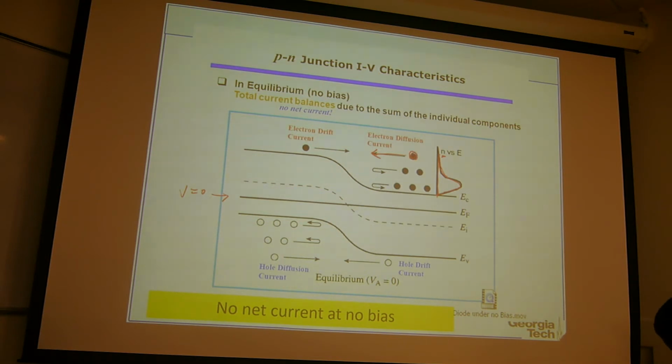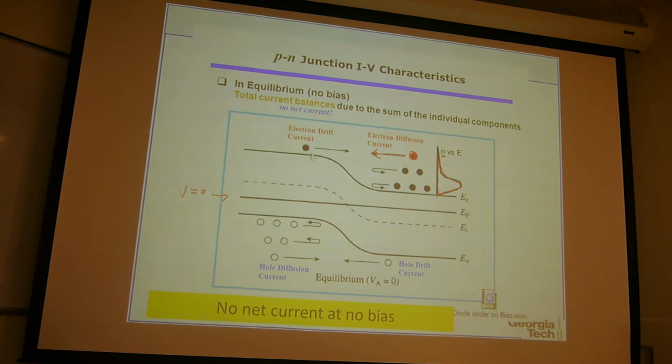But the probability to find this kind of electron is exponentially low. So you don't have many electrons with such high energy. This is also true because electrons tend to move down, right? That means most of them will stay at the bottom. But due to the thermal statistics, a few of them will have high energy like this. But most of them are here. So these electrons at the top will diffuse over this barrier.